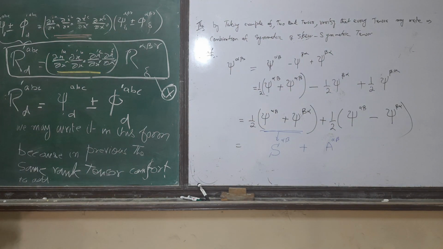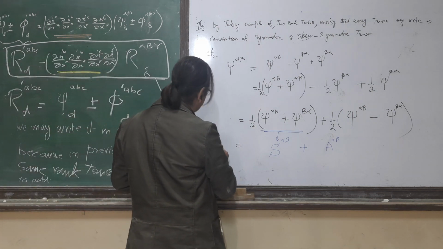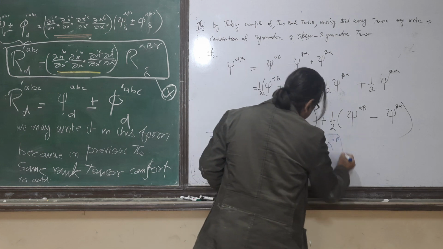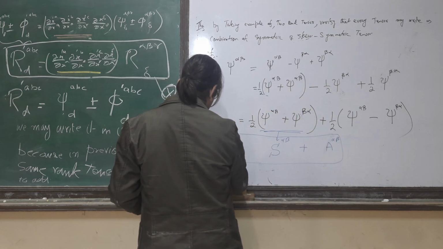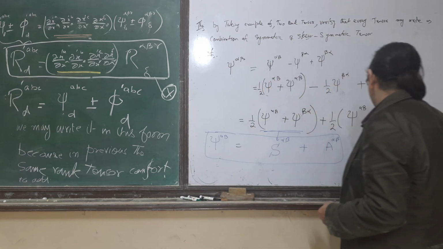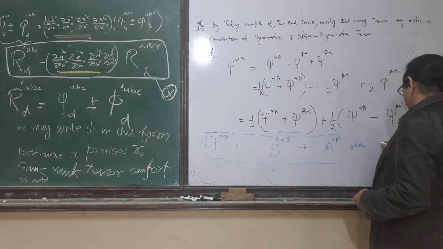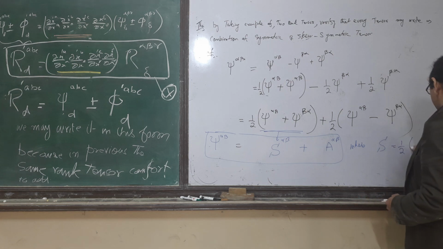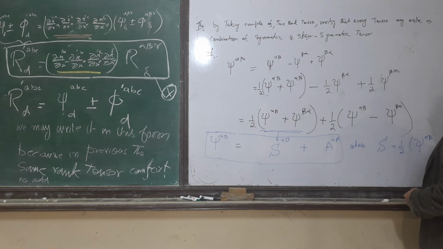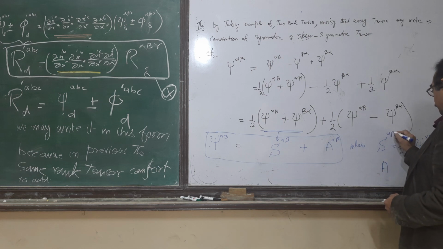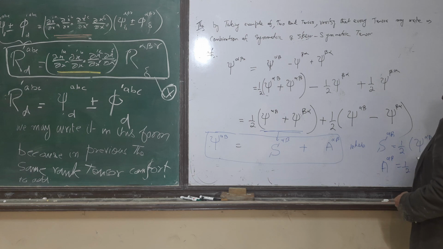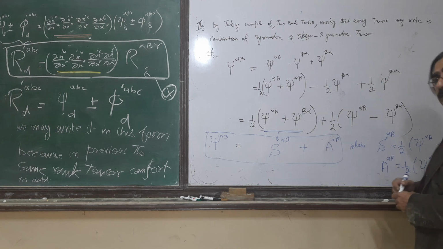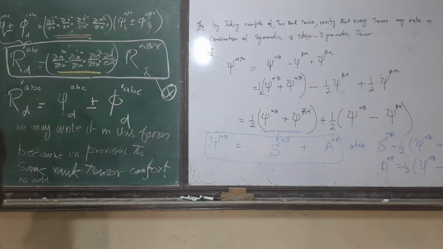So this psi is a combination of this, where S is 1/2 psi alpha beta plus psi beta alpha. Yes, I think there is no problem. Okay.